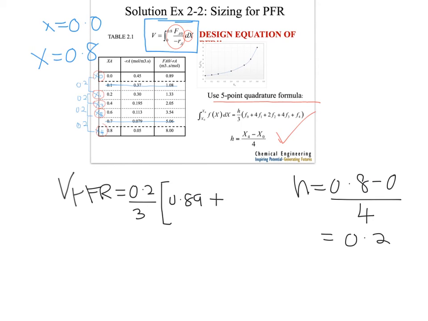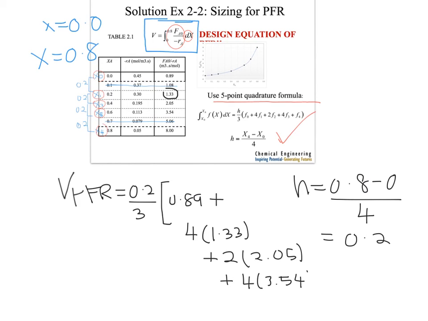plus 4 times F1, which is 1.33, plus 2 times F2, which is 2.05, plus 4 times 3.54, plus the last one is 8.